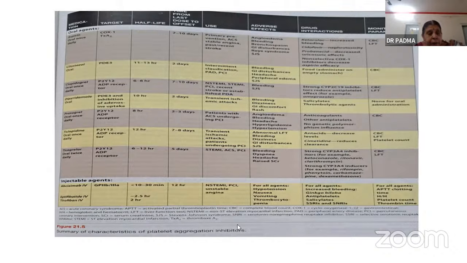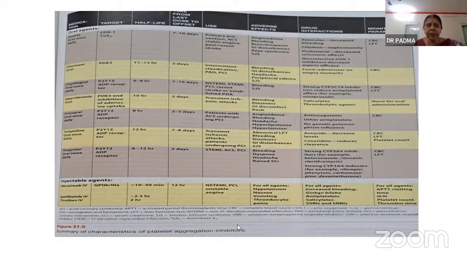Of that, the common one is aspirin, which acts by irreversibly inhibiting the TXA2 enzyme, one of the components in the cyclooxygenase pathway. Aspirin inhibits it for the lifetime of platelets, that is 7 to 10 days. 7 to 10 days it is blocked.